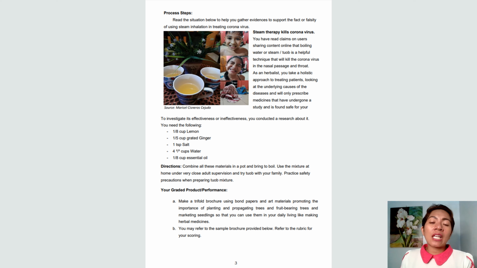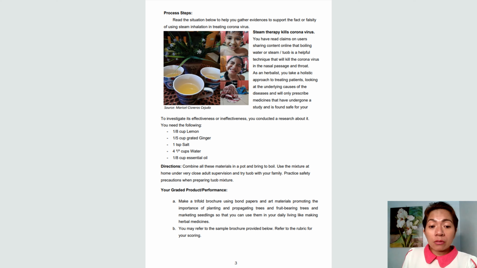Pwede mong lagyan dyan ng open and close parenthesis, luya. Luya, no? Or ibisaya ni mo, loy-a. Kasi that's the most understandable. Kasi nga, yung PT natin, it should be communicative in nature na maintindihan not only by the students, but also by the parents because they are the facilitators of learning at home.